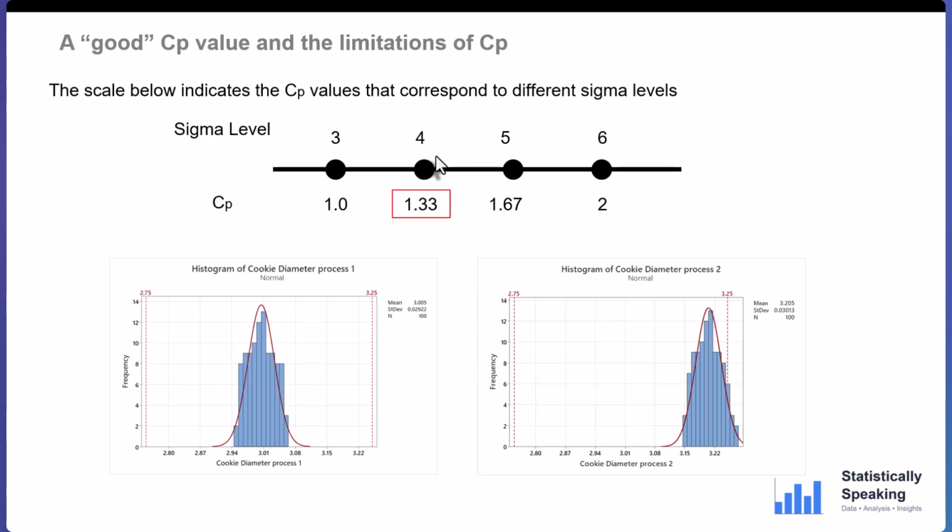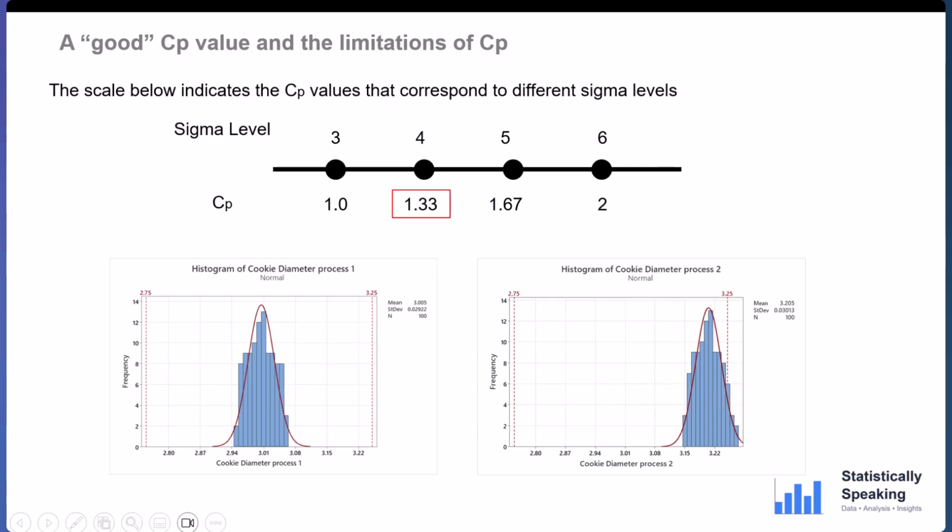Why is that? So let's look at these two histograms here, right? First let's look at what the limitations of CP are. Both of these processes are normally distributed, and they are stable as well. They even have a CP of 1. But if you look at process 2, a lot of the data points here are falling outside this spec limit.